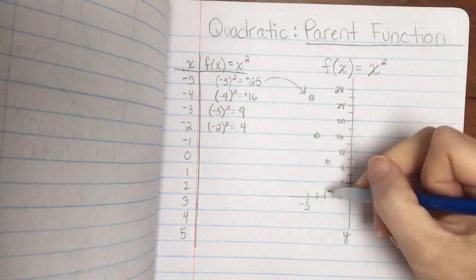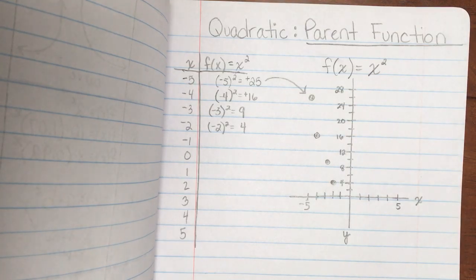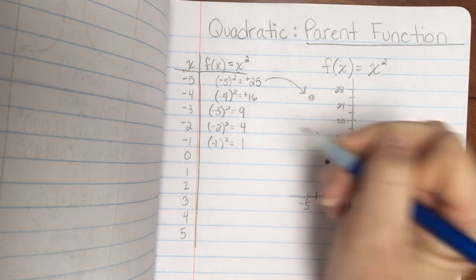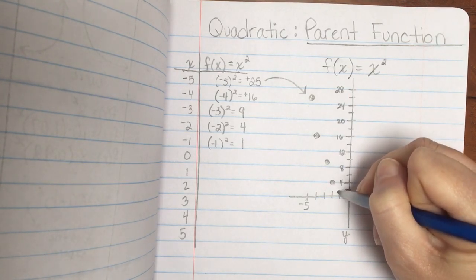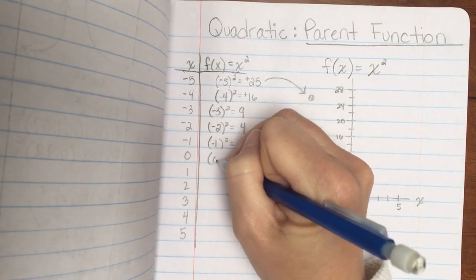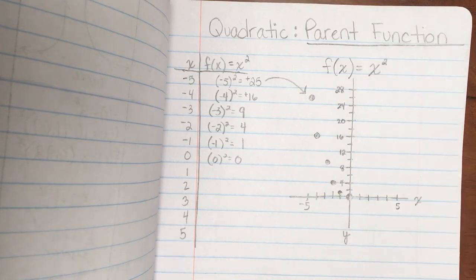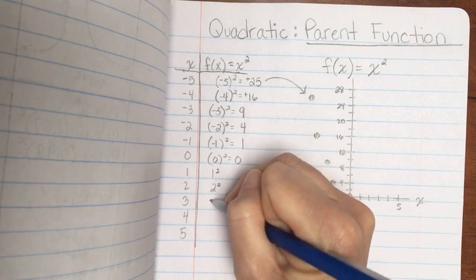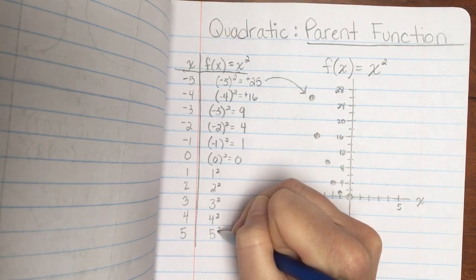Pause the video whenever you need to, like if I'm going quicker than you can write. -1 squared, -1 times -1, is a +1. So that would be here, kind of in the middle, because that was a 2. 0 squared, 0 times 0, is 0. 1 times 1, or 1 squared, so you're going to fill in all of these. 2 squared, 3 squared, 4 squared, 5 squared.